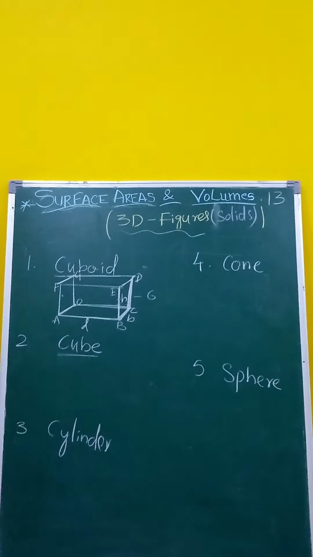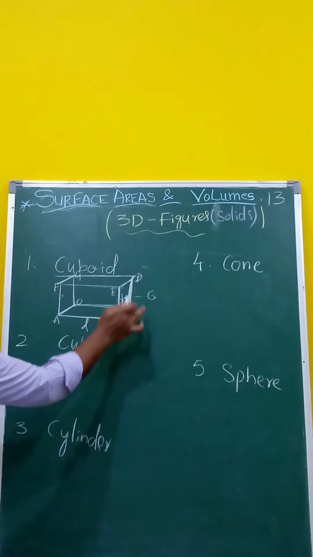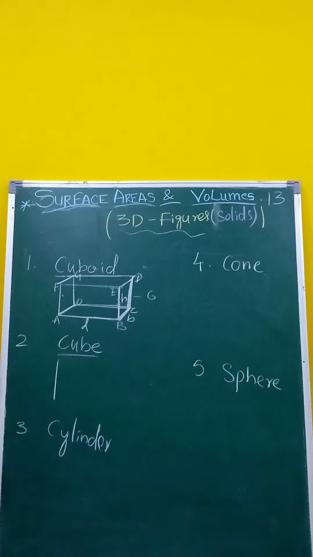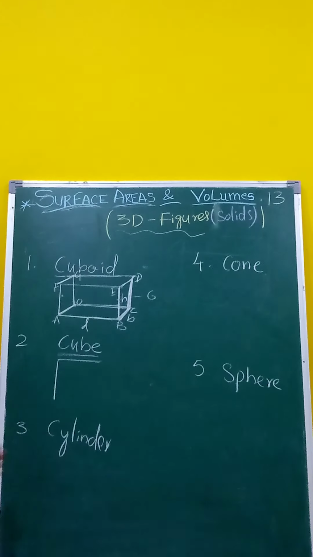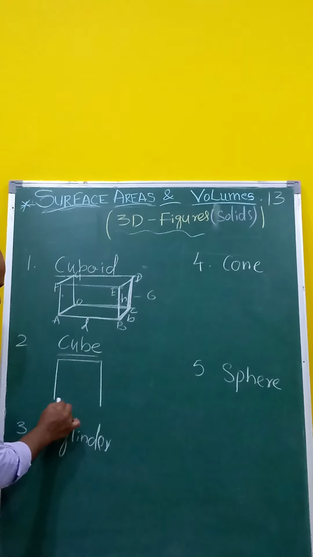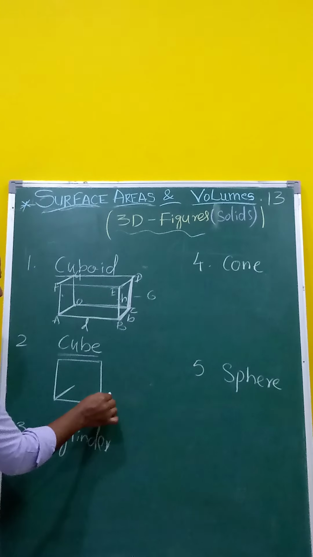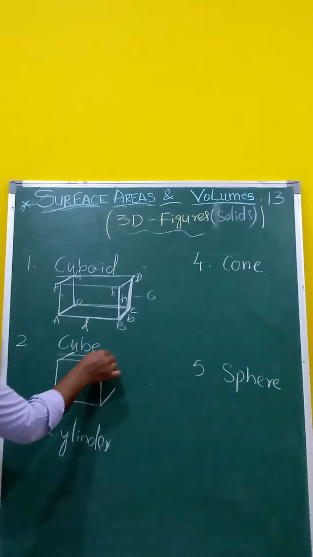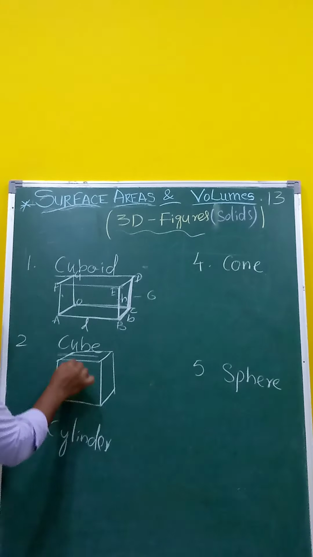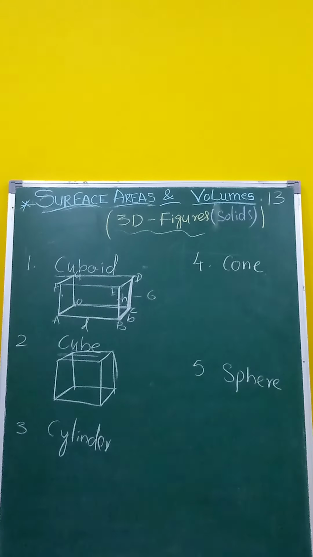Now we'll go for the cube. If length, breadth, and height are equal, then it is a cube. For example, a Rubik's cube. Here length, breadth, and height are all equal.